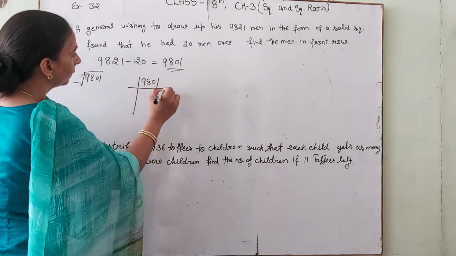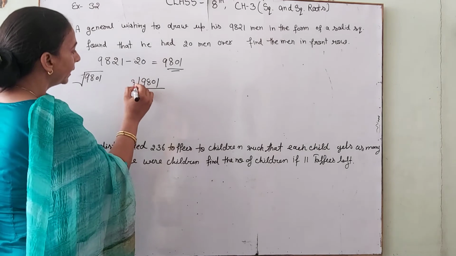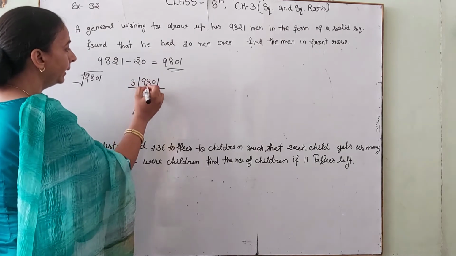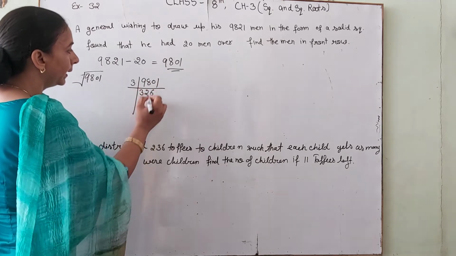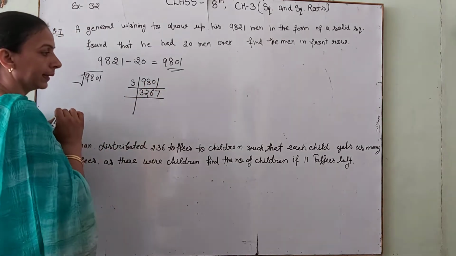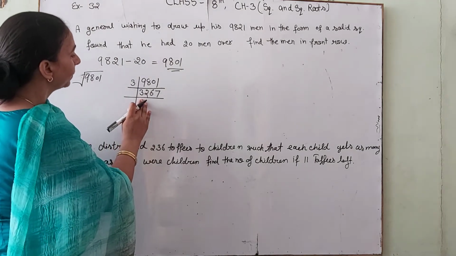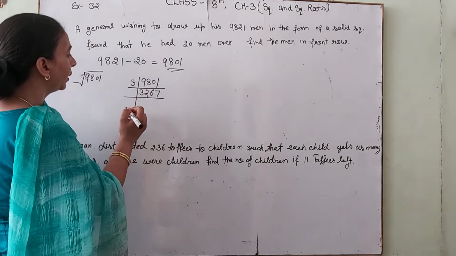9801. First divide by 3, 3 3s are 9. Then 3 2s are 6, 3 6s are 18, and again 3 7s are 21. Next 3 5s, 5 6 11 7 18, again divided by 3.